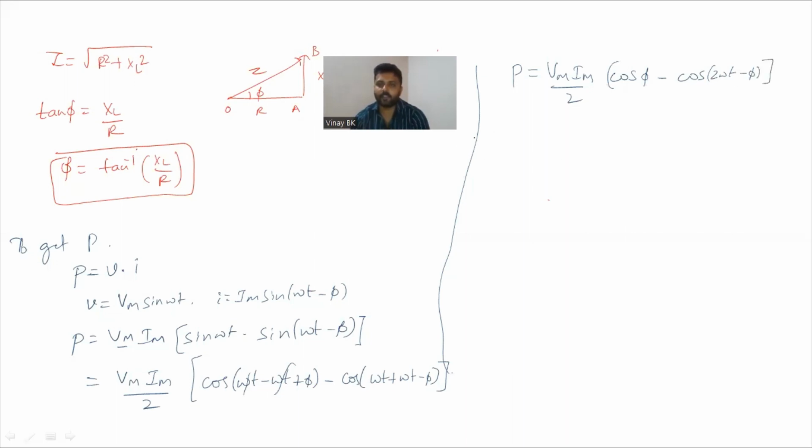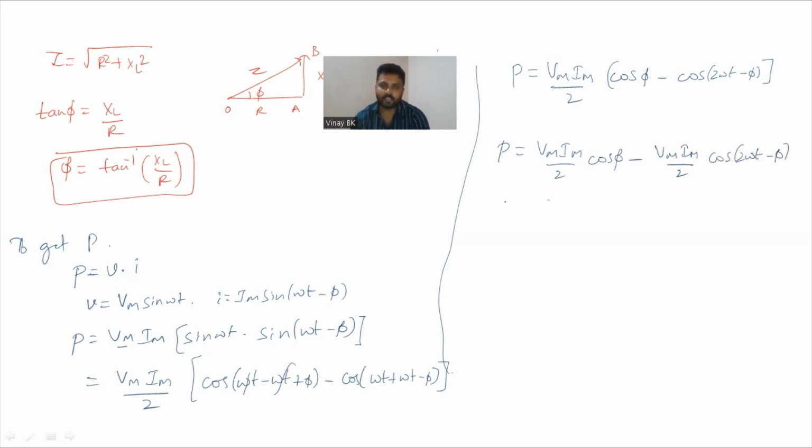Just open the bracket, you can get P equals Vm Im divided by 2 cos phi minus Vm Im divided by 2 cos 2 omega t minus phi.